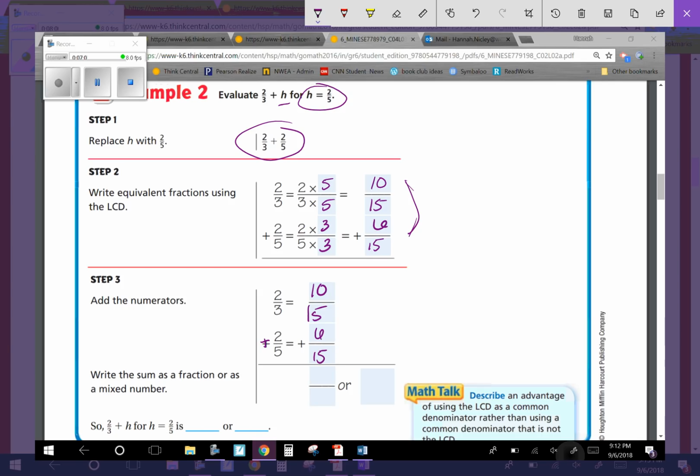So then I'm going to add the numerators, which is 16. Keep the denominator the same, which is 15. 16 divided by 15 is going to be 1, with 1/15 remaining. So 2/3 plus h for h equals 2/5 is 16/15, or 1 1/15.